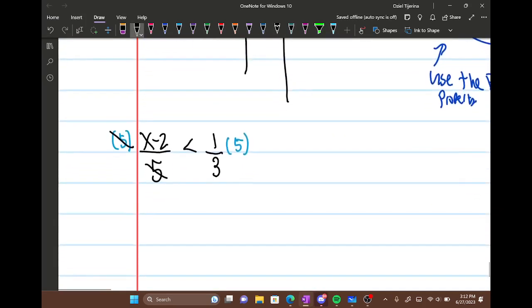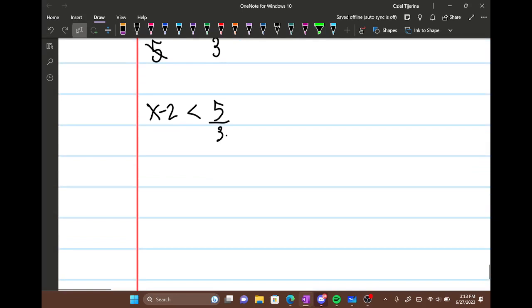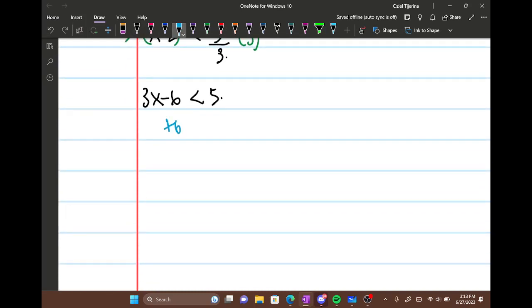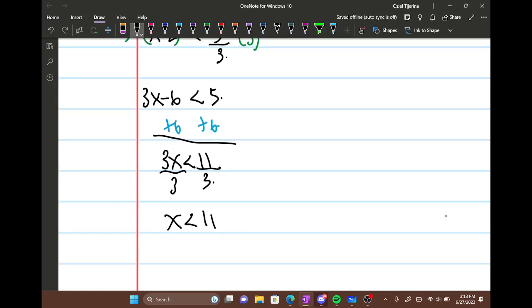Then I end up with x minus 2 is less than 5/3. If I do not like doing fractions, I'm going to multiply by 3 so I'm not dealing with fractions. Notice that we need to use the distributive property. So 3x minus 6 is less than 5. Then add 6 to both sides: 3x is less than 11. Divide by 3, and x is less than 11/3.